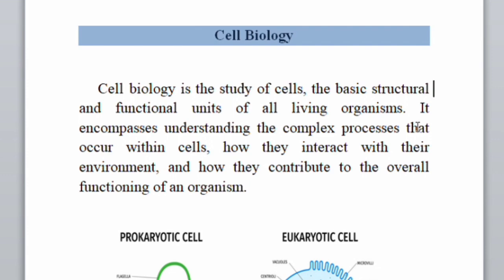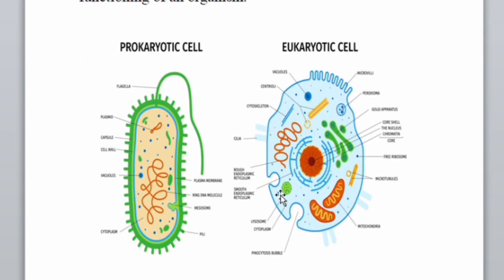It encompasses understanding the complex processes that occur within the cell, how they interact with their environment, and how they contribute to the overall functioning of an organism. So this is cell biology. So let's have a look at the structure of prokaryotic cell and eukaryotic cell. Then we move to the differences in the cells.